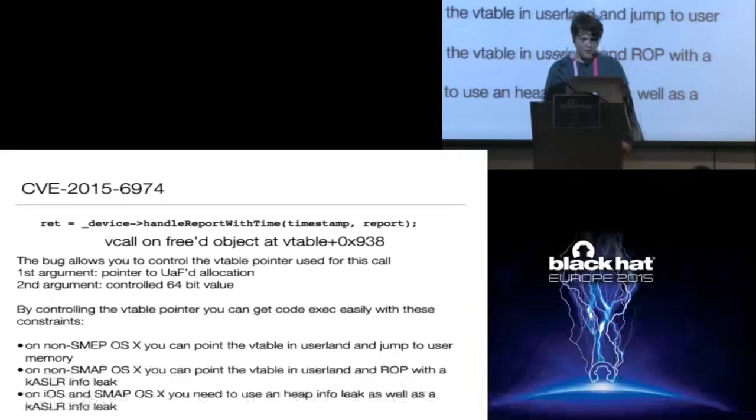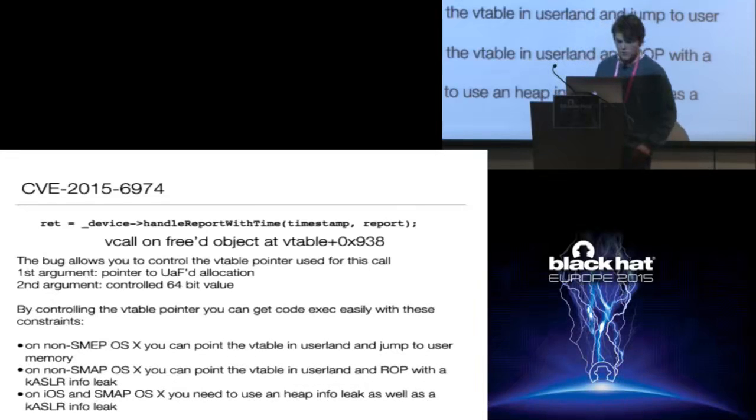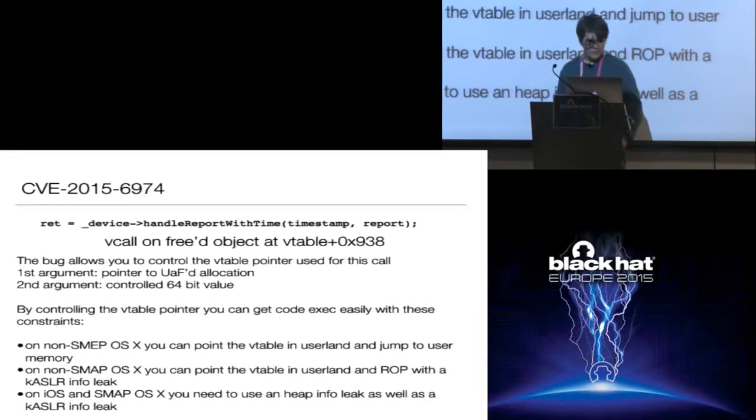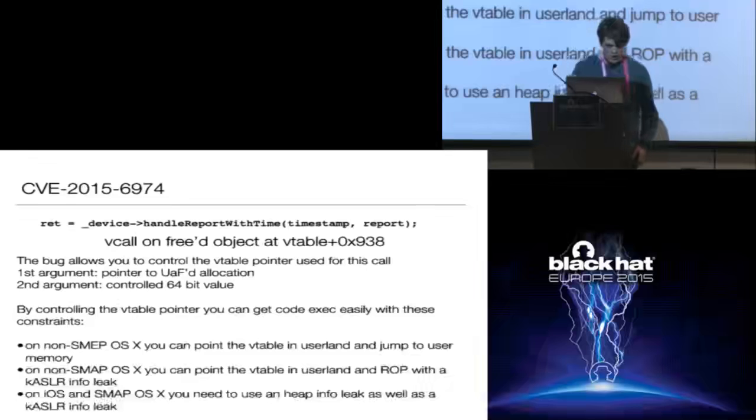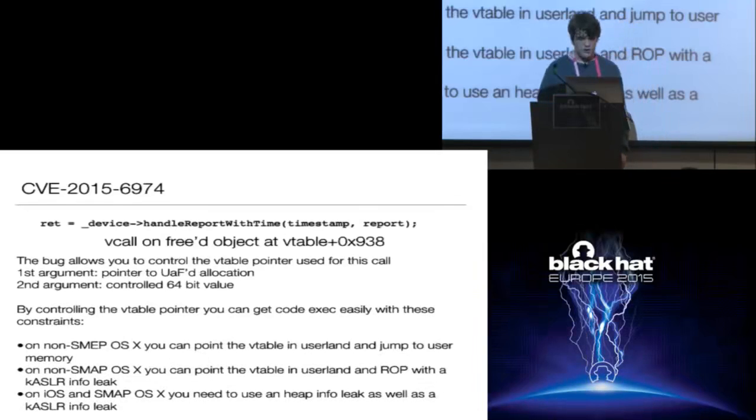So here's the virtual call we can do on our use after freed object. As you can see, you can control the timestamp, which is the first argument, and you can see this here, a controlled register. And the second argument, the first argument of, since this is C++, is a pointer to the object which is freed, and we have full control of this object.